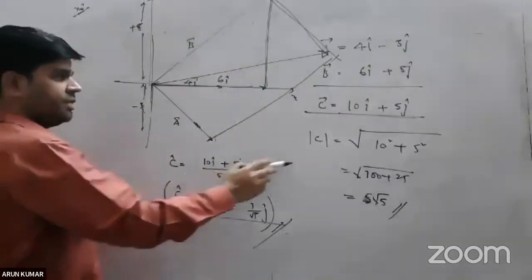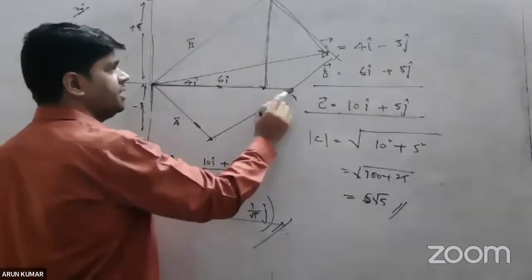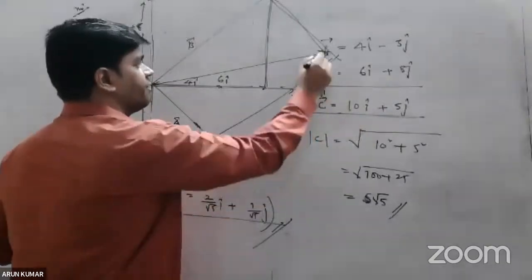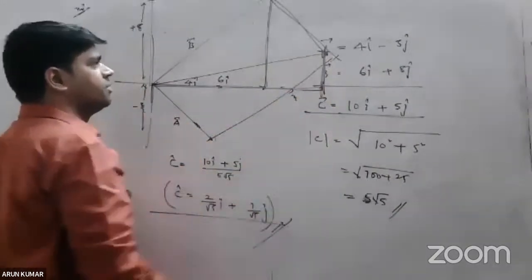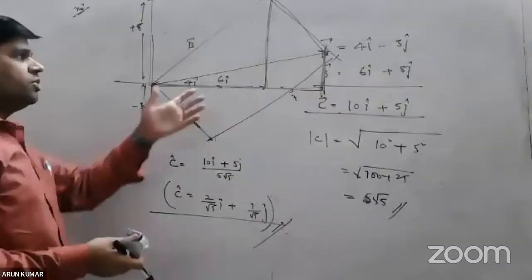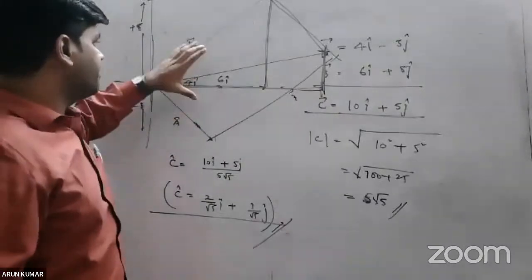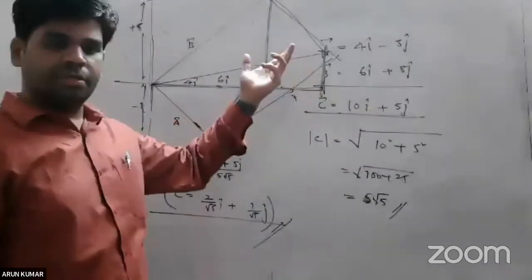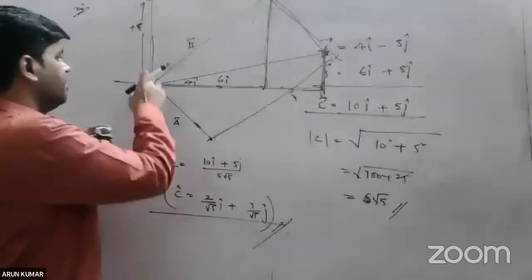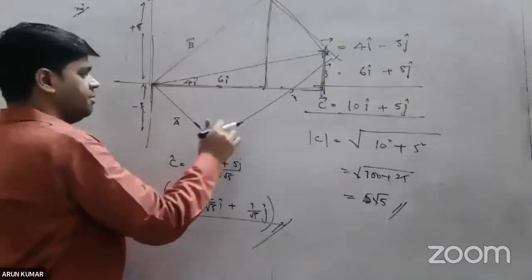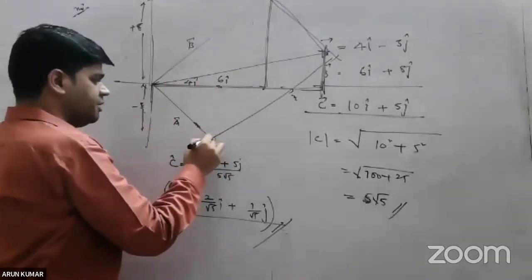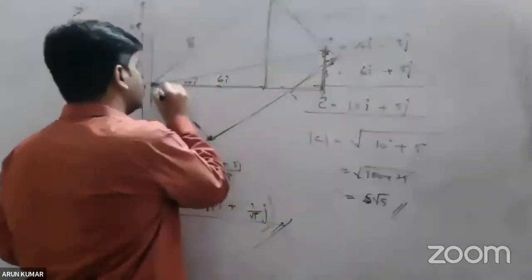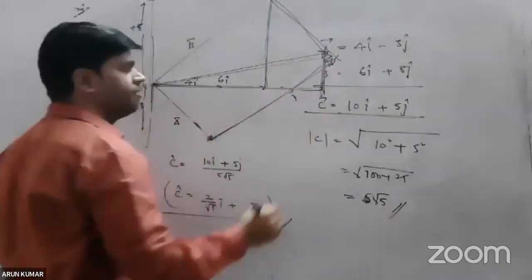It has 10i cap, which is 4 plus 6, so this is 10 and this is 5. Geometrically it also makes sense, because if I draw a parallelogram, the diagonal of the parallelogram gives me the resultant. Or I can slide this vector over here so the tail of one coincides with the head of the other, and the closing side will give you the resultant.